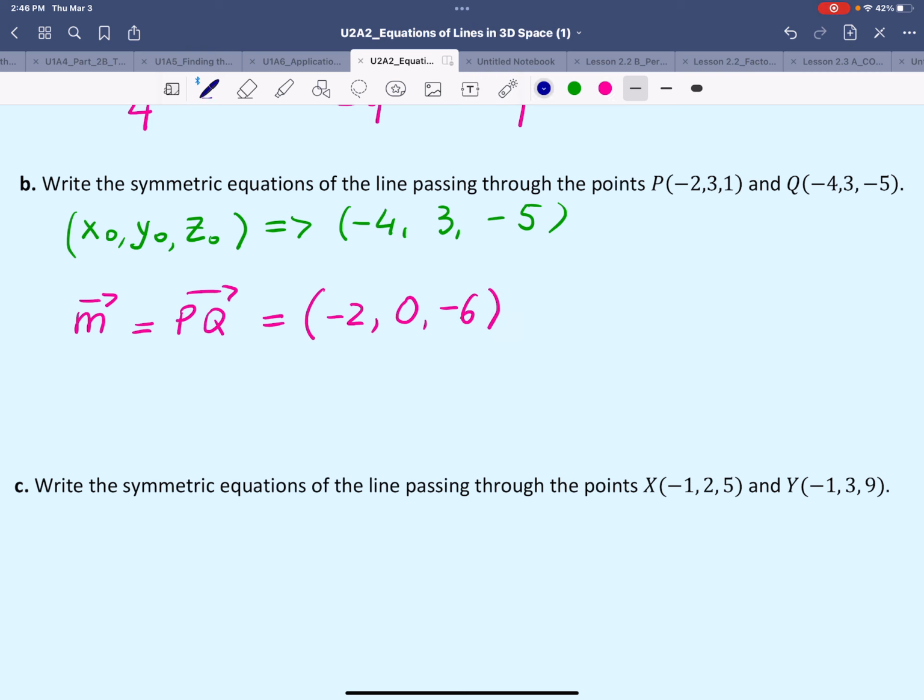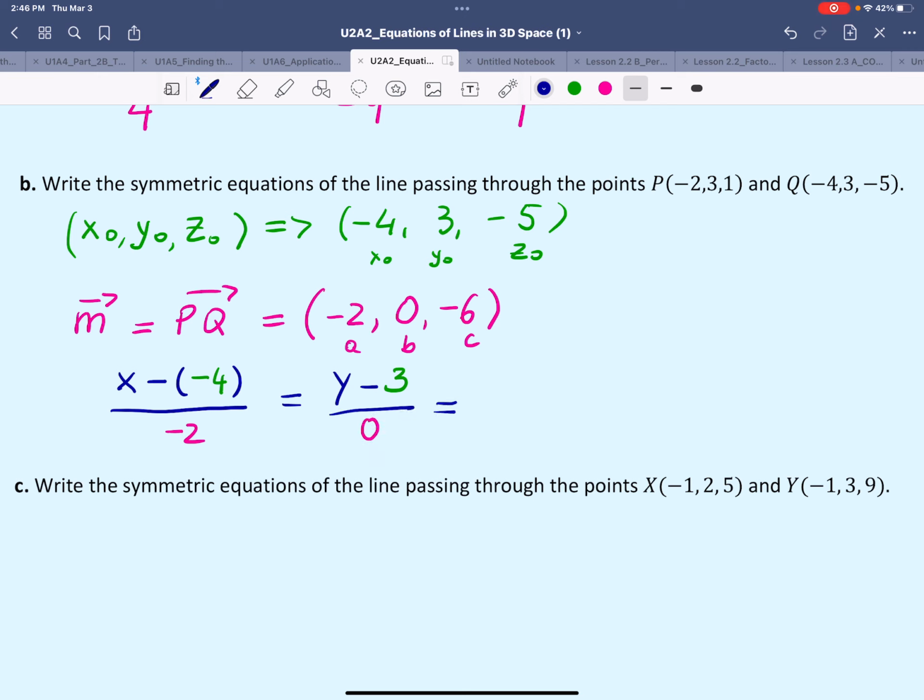So let's create the equations. So we have x minus -4, divided by a, which is -2. Remember, this is a, this is b, this is c. And then we have y minus 3 over 0. Oops.